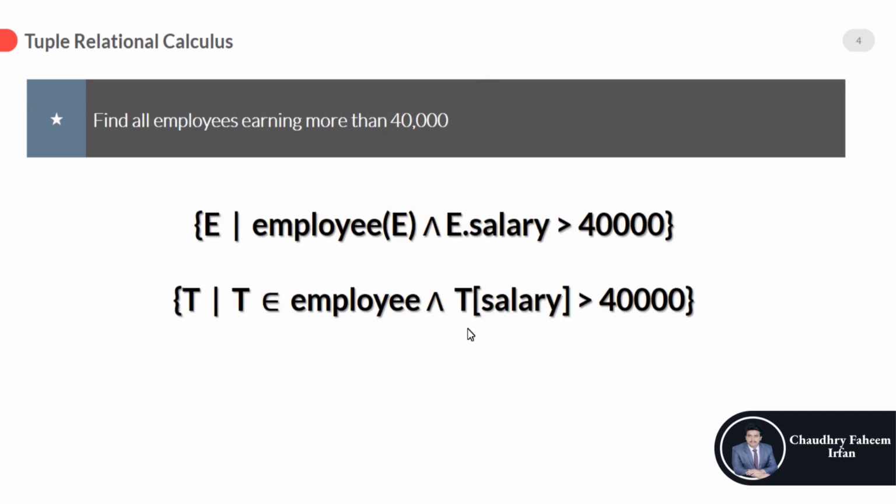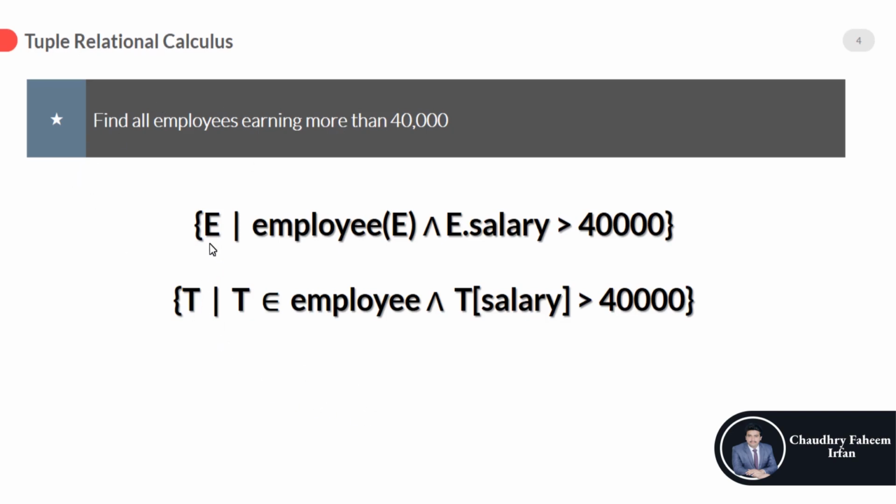Here is the real world example: find all employees earning more than 40,000. So we can write like this in curly braces: employee E, where E stands for employee, or you can write any other variable, where E is the tuple.